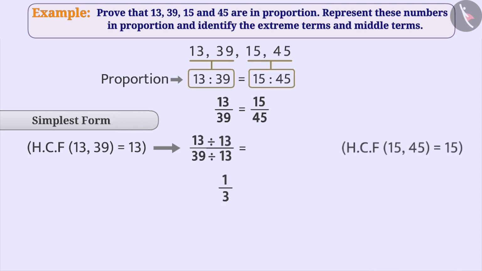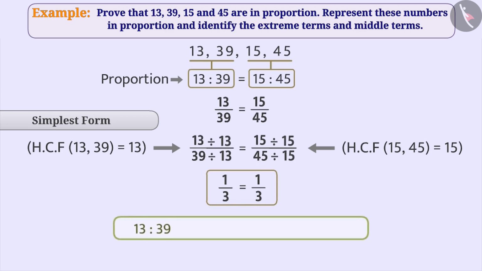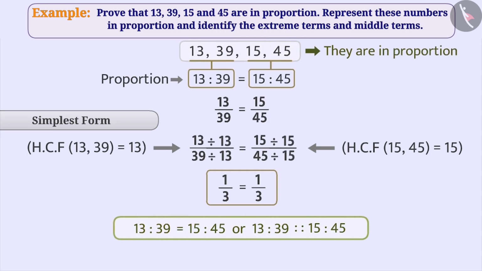Similarly, the HCF of the numerator and denominator of 15 by 45 is 15. If we divide the numerator and denominator of 15 by 45 with the HCF 15, then we get the simplest form of this fraction, 1 by 3. The simplest form of both these fractions is equal. Therefore, we can see that 13 by 39 is equal to 15 by 45. That means 13:39 is equal to 15:45, or 13:39 is proportionate to 15:45. Thus, we say that 13, 39, 15, and 45 are in proportion.